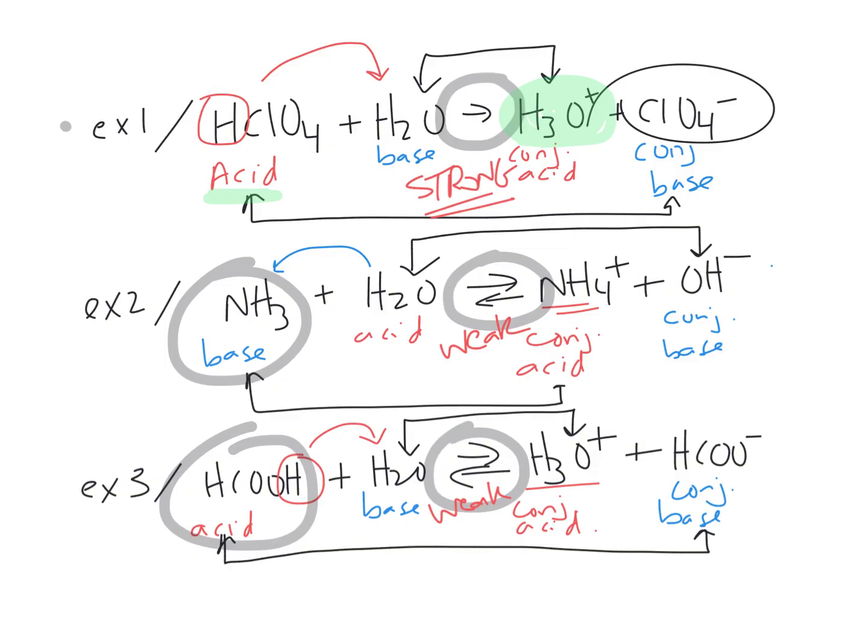Okay. You can also see that the base here, NH3, ended up producing hydroxide ion, and we said that was the Arrhenius definition of a base if it produces hydroxide ion in solution. Same here with the acid, formic acid, it produces H3O+ or H+. So they work together, they agree with each other, like they should.